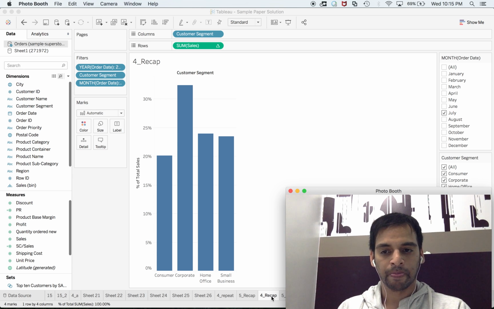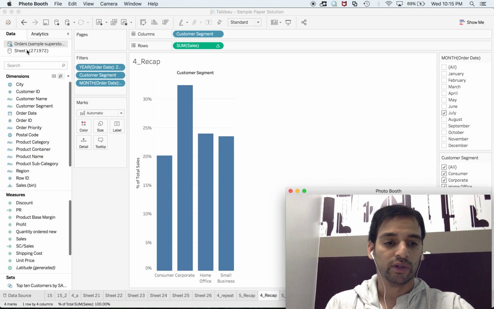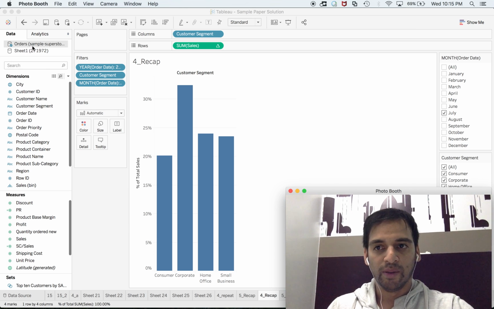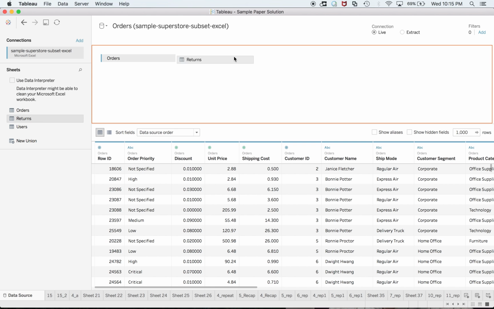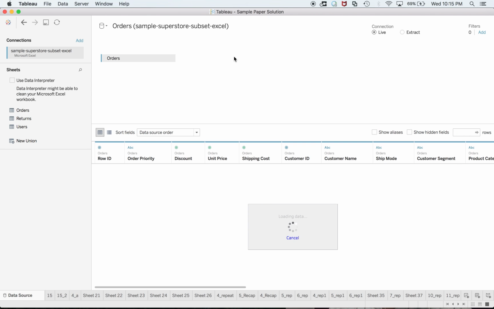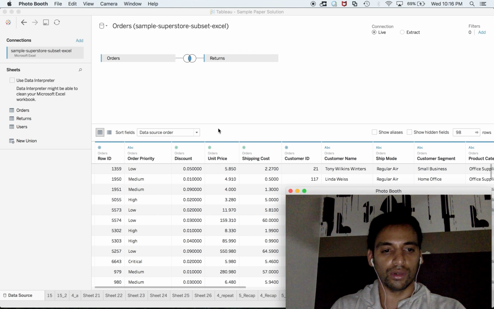Another suggestion is, you may have multiple data sources, so I worked with only one. Maybe one question will say you have a data source and you need to join that with the return, so basically you are changing your data source. In the next question, again, you have been asked to do something with sample superstore.